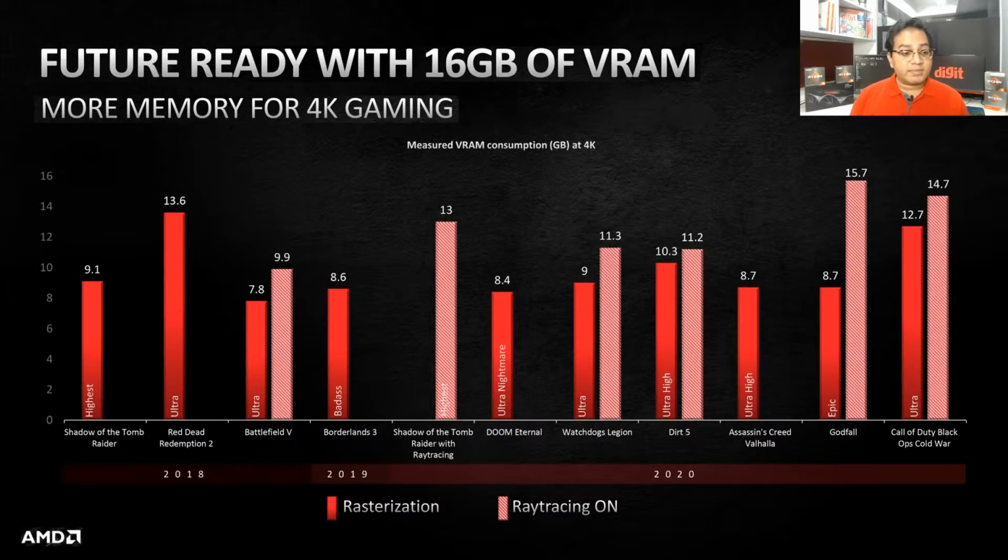Among the games in front of us, we have titles such as Red Dead Redemption 2, which was released in 2018 and features large open vistas that do consume a lot of video memory. In this case, it's about 13.6 GB. And as we look towards titles released in 2019 and 2020, we see even more games consuming high video memory in 4K.